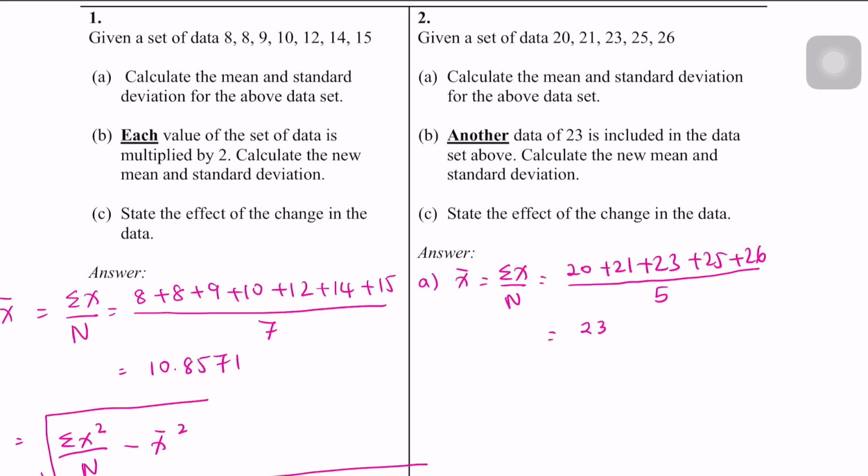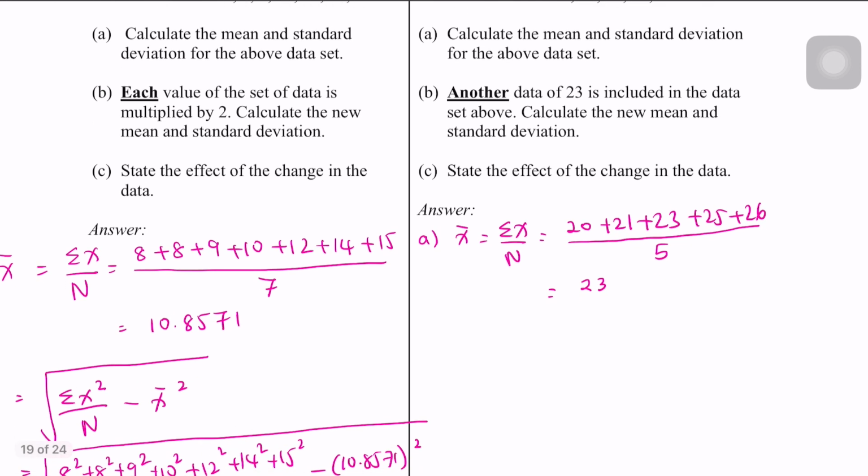And then for standard deviation, sama. So we have the square root of summation of x squared divided by n, minus mean squared.